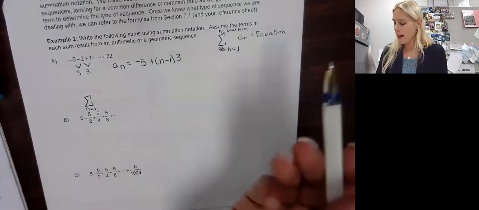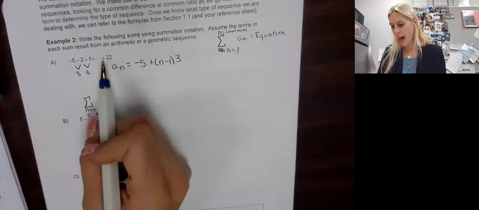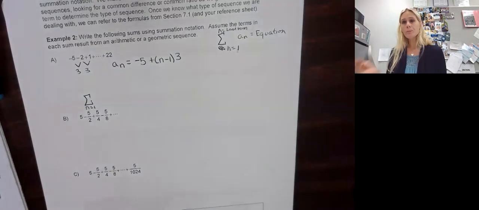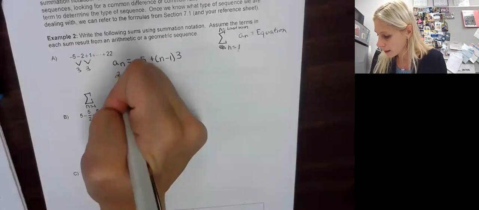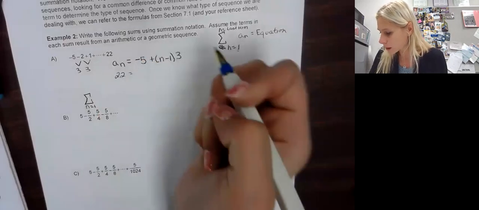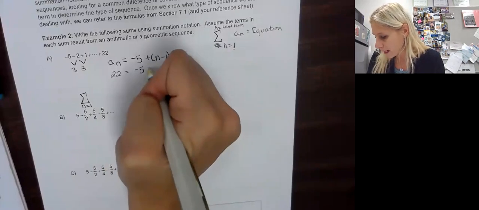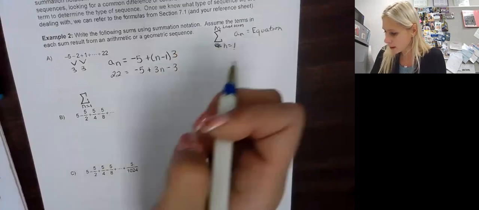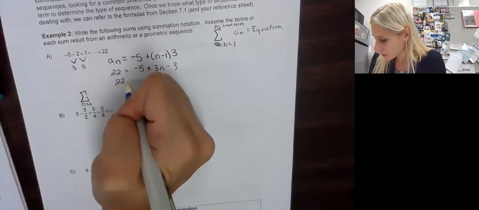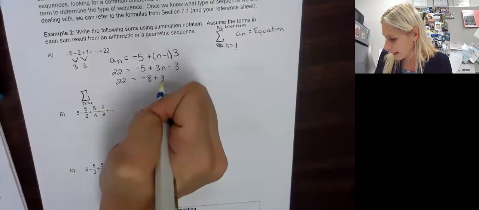So be careful when you do your homework, depending on what the computer system wants. Okay, so if we have our equation and we know the value of the term is 22, we can find the placement of the value, the n part, by solving. So what I'm going to do here is say 22 equals negative 5. Now I'm going to distribute this out ahead of time. So 3n minus 3. That gives me 22 equals negative 8 plus 3n.